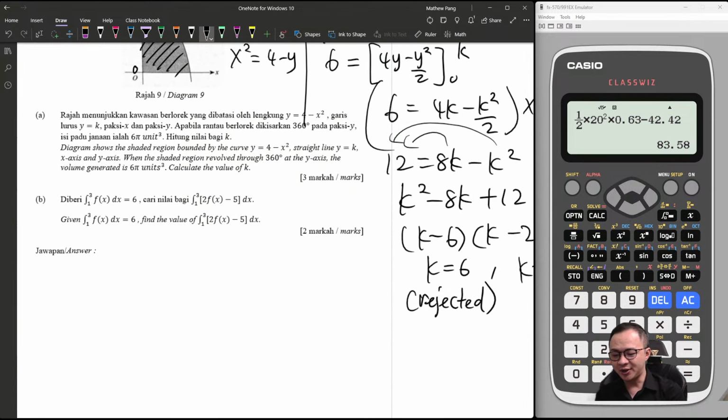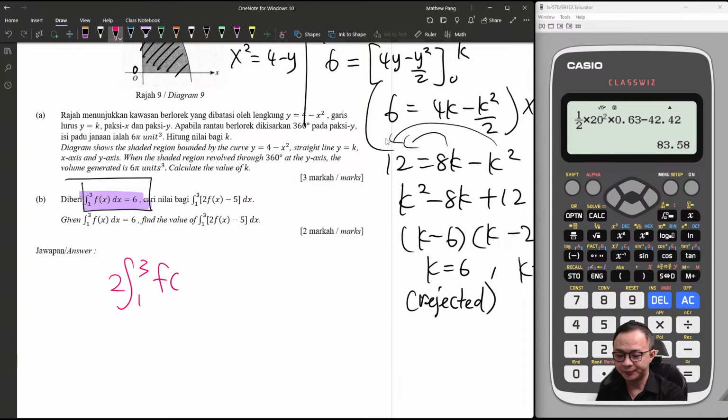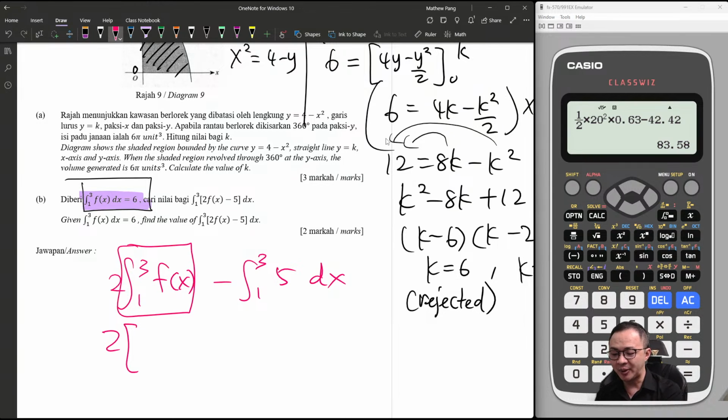Okay, the next question. This information is given for us to use. No need to solve it, just use it. Then we want to integrate this one. The 2, I will take it out, minus the integral from 1 to 3 of 5 dx. The whole purple part here is 6, so this equals 6.